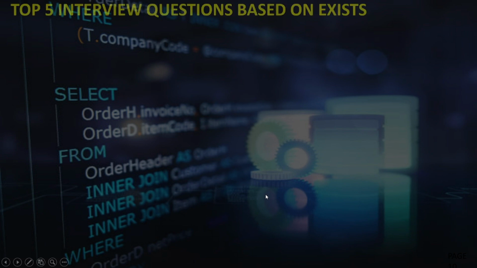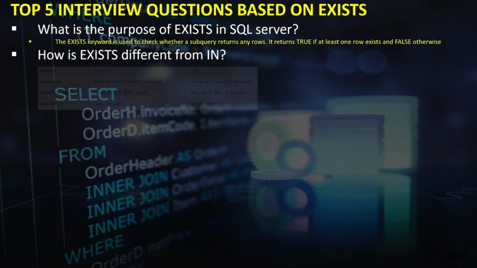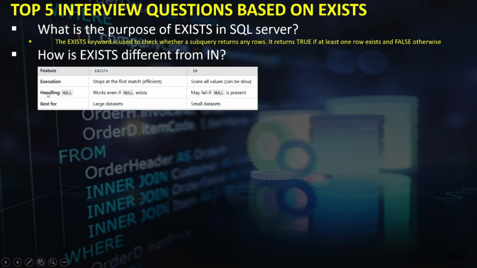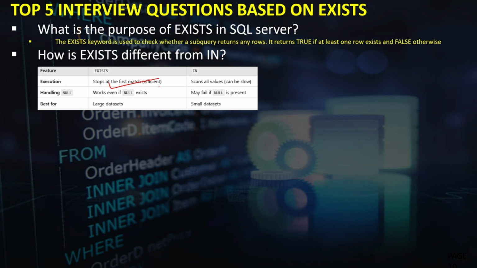So here we have come to the end, and now we want to discuss the interview questions based on exists. Number one: what is the purpose of exists? We already know the purpose, we have discussed it a lot, so it is not required to explain the same thing again. The second is: how is it different from in? It is different in many terms. Number one, it stops at the first match, as I showed you in the example, but in scans for all values.